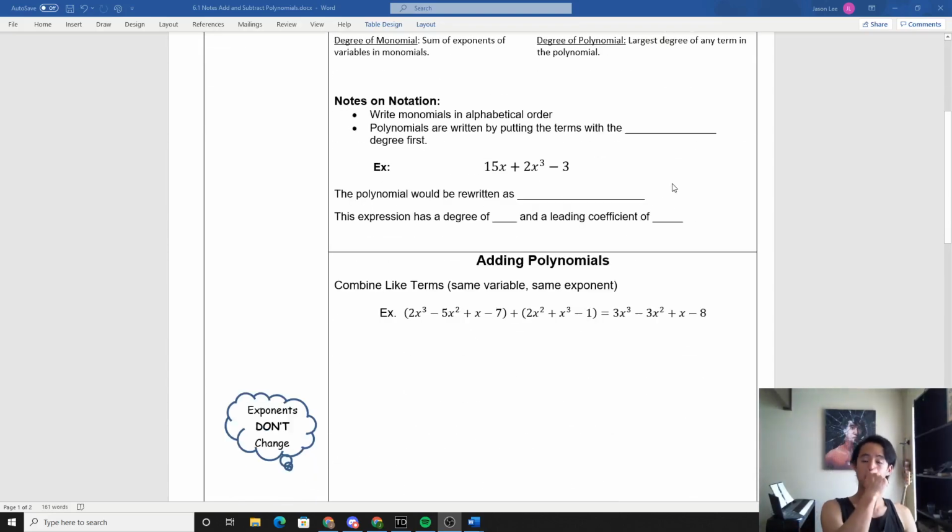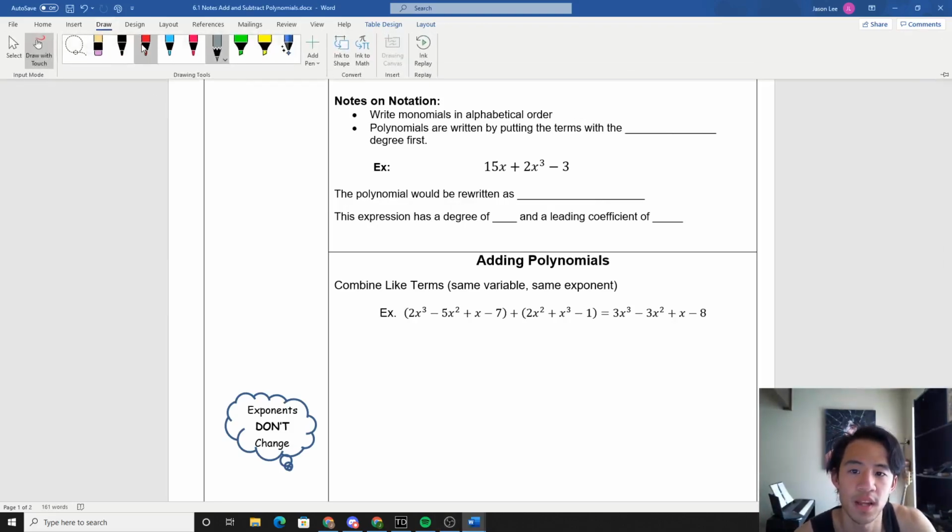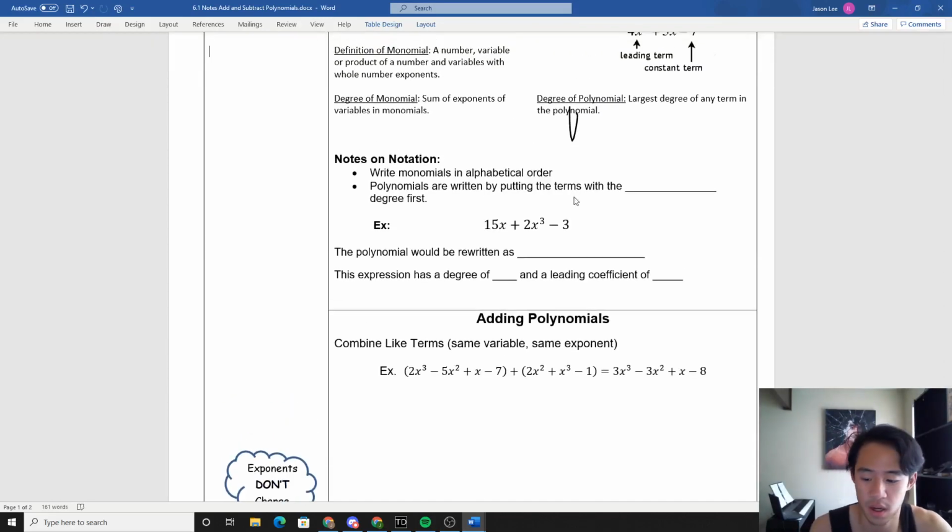So whenever we are writing polynomials, there's a couple things that you should do. It's just tradition basically to do it like this. It just makes things look nicer, and that's to write the monomials in alphabetical order. So you won't be writing things like z y x.